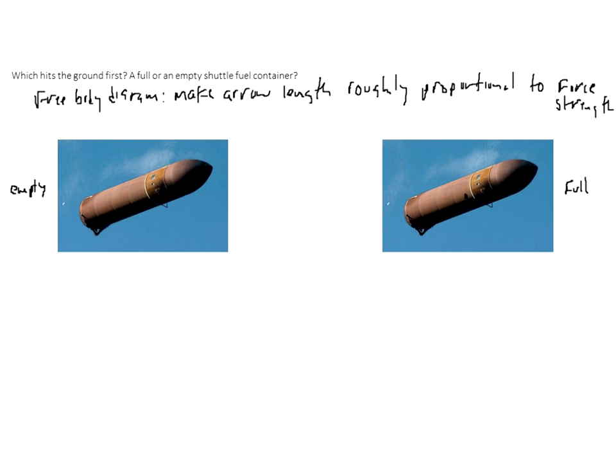So obviously a full fuel container is going to be a lot heavier than an empty one. And there might be a tiny frictional force for each of them, and that would be related to their cross-sectional area.